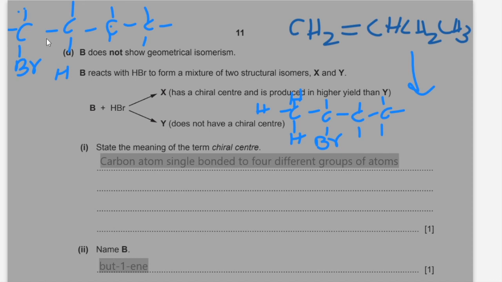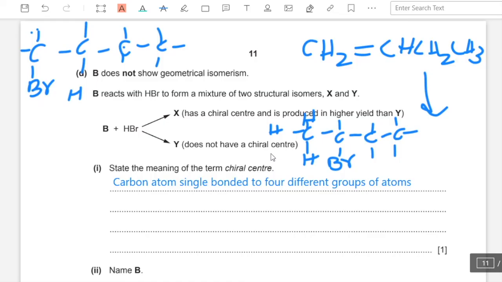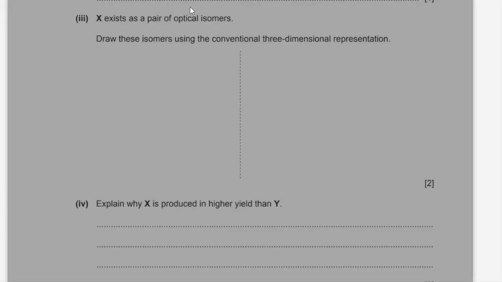So now this product over here is not a chiral product because it does not have any carbon atom that is single bonded to four different groups of atoms. However, this can be, because this carbon atom over here is bonded to hydrogen, bromine, a methyl group, and an ethyl group. So this is an optical isomer, and I'll draw that over here. So you're supposed to draw this in the tetrahedral layout of the carbon, which is bonded to four different groups of atoms.